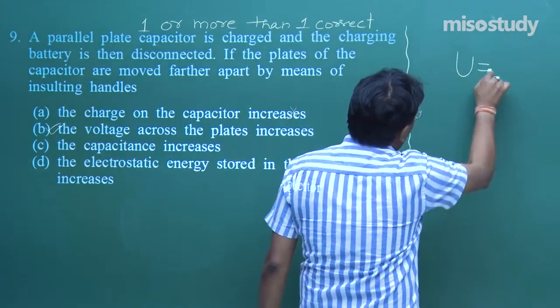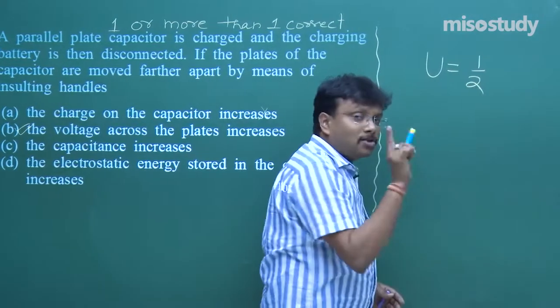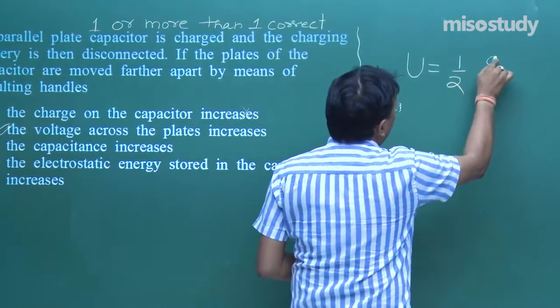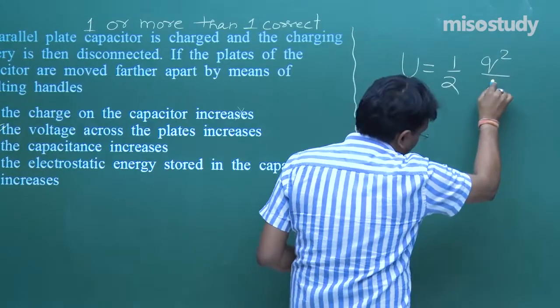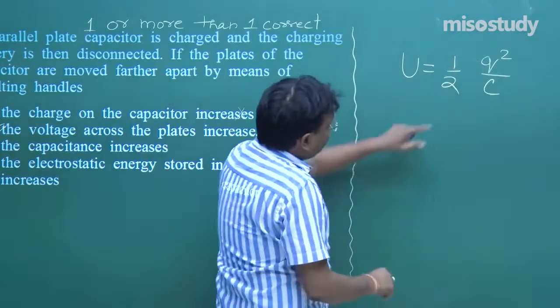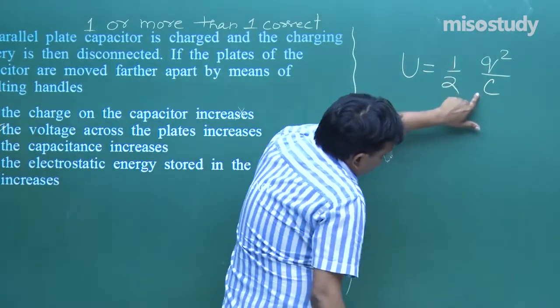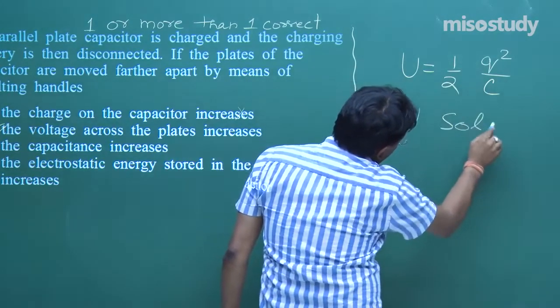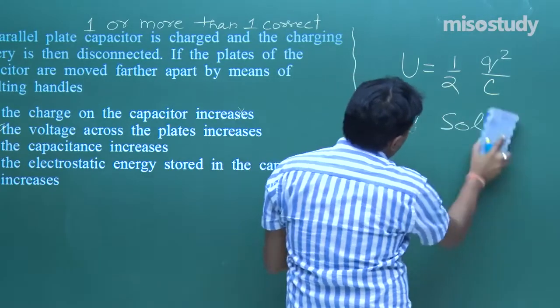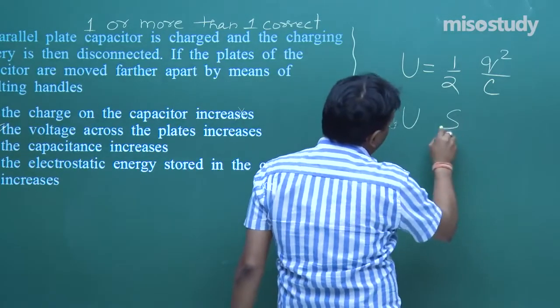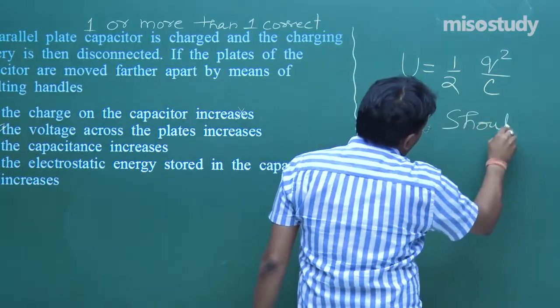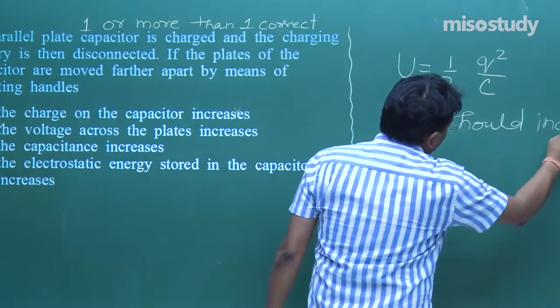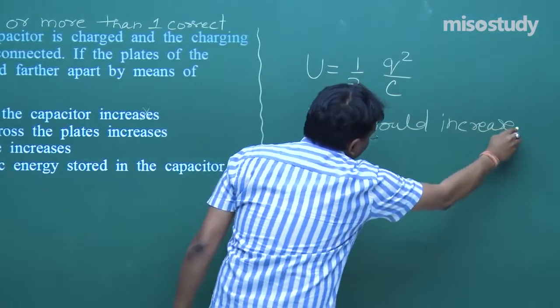U is equal to half CV square, or U is equal to half Q square upon C. As Q is constant, C is decreasing, so U should increase. Why?